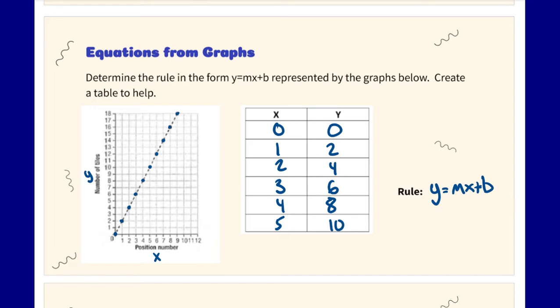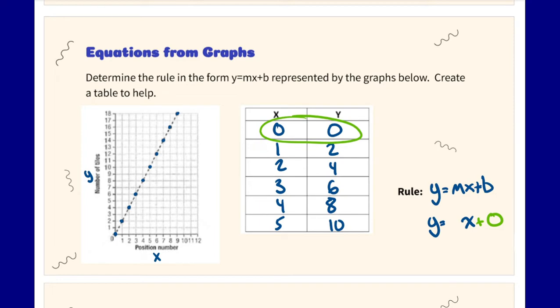So lots of different terms for those constants or those variables. We can find the b value because we can see in our table when x is 0, y is 0. So I know my equation will have a plus 0 at the end. I don't really need to show that because when I add 0, it doesn't really change anything. But for the sake of argument and just showing where it would go, I'm just going to place it there.